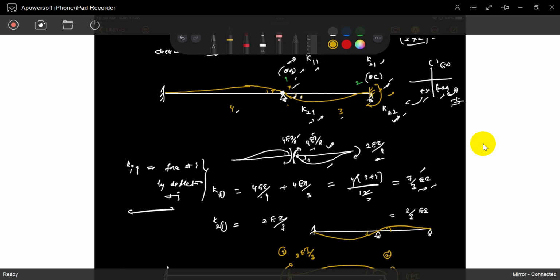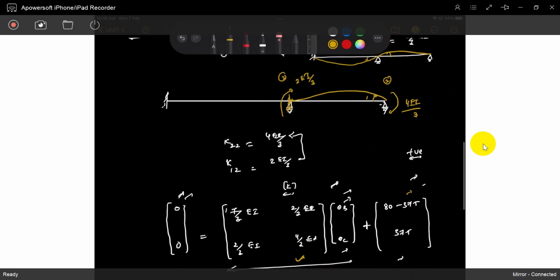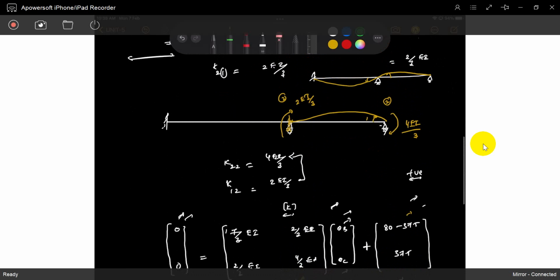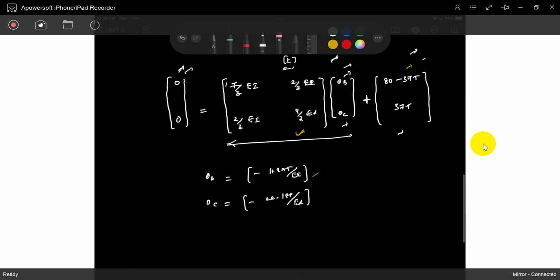The force is also generated in the same direction. That's why the stiffness matrix doesn't change. Are you understood? Here also, if it's taken here also, it will come like this. The force will be generated here also, like this, so the stiffness matrix doesn't change. Only the signs of the final values will change. So that's the idea. So the same you will get.